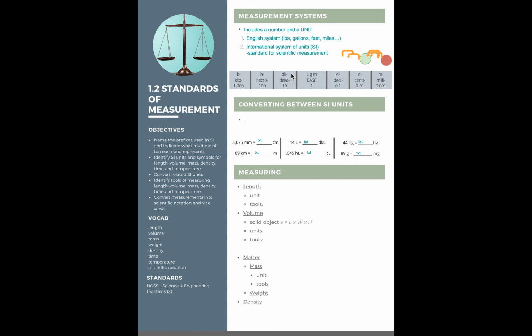Okay, this is going to be 10 times the base unit. Okay, so if we have 1 decaliter, that would be equal to 10 liters. Okay, then we have hecto, so like hectoliter, hectogram, hectometer, and then kilo. Okay, so like kilogram, so if we have 1 kilogram, that would be equal to 1,000 grams.